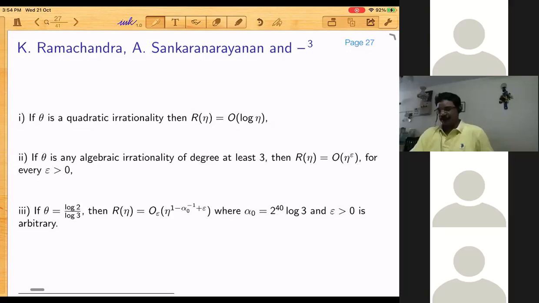And in the Ramanujan's case, where theta is log 2 by log 3, then R eta is given by eta to the power 1 minus 1 by alpha naught plus epsilon. This is what Hardy and Littlewood got, but with alpha naught this much. They simply said some existence of alpha naught, but we were able to figure out alpha naught is 2 to the power 40 times log 3.